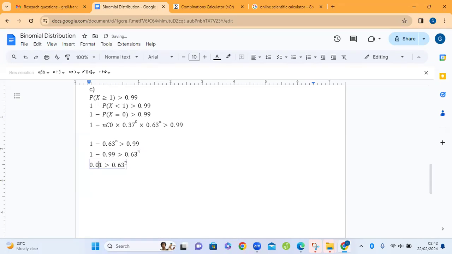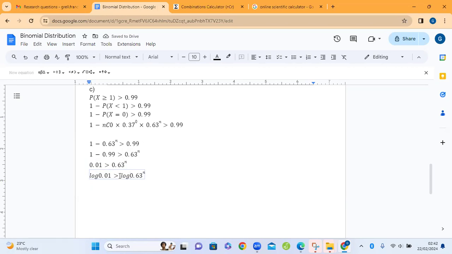Now, to solve for n, which is an exponent here, we apply logarithms on both sides of the equation. Log to any base, so we can also use log to base 10, or we can use log to base e, natural logarithms. We get the same answer.